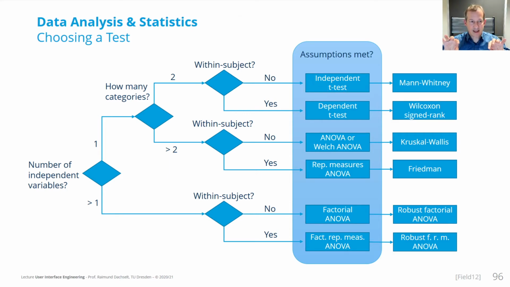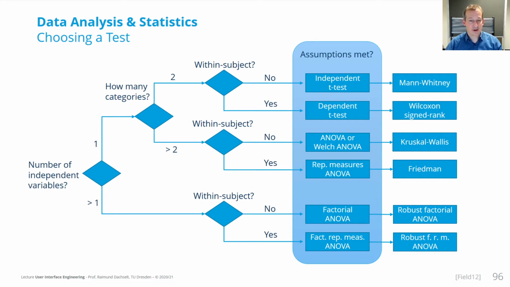So the groups are testing these two different categories or variants separately. Or if I have a within subject design, yes, then I can use a dependent t-test. So you see a t-test for a single independent variable, and then it's either Mann-Whitney or Wilcoxon signed rank.